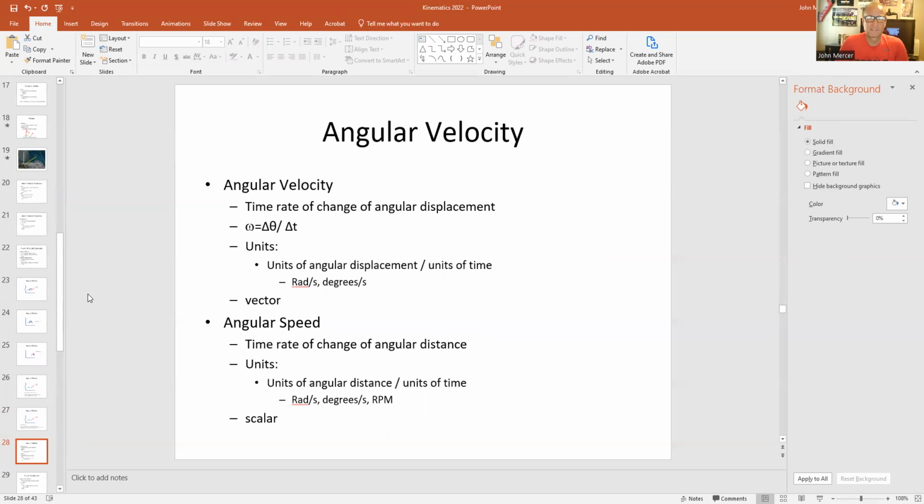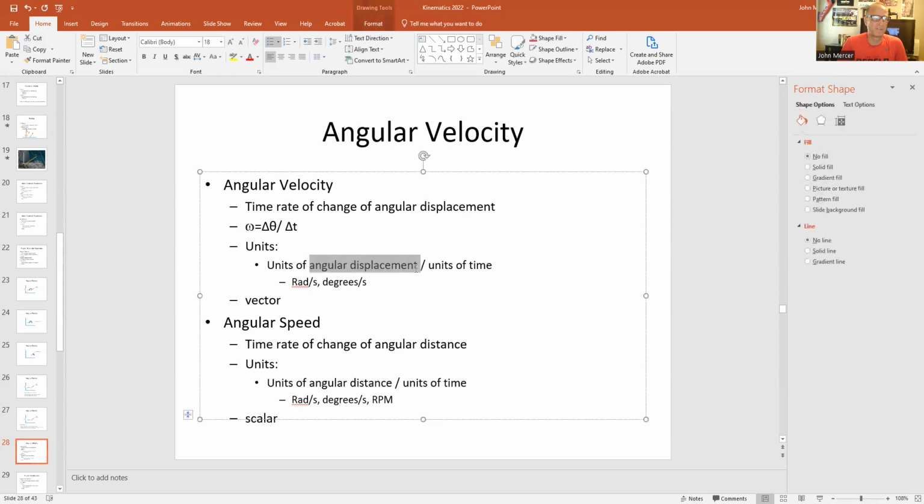Angular velocity is the next kinematic parameter, the time rate of change of angular displacement, and we use omega equals delta theta over delta t. Final angular position minus initial angular position over final time minus initial time. The units are any units of angular displacement over any units of time.